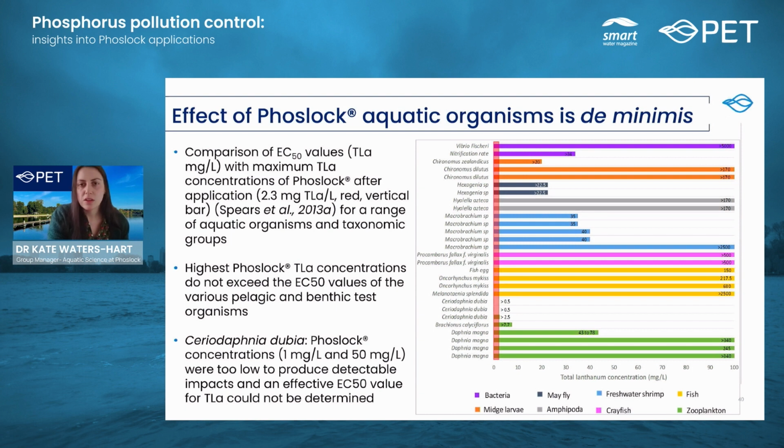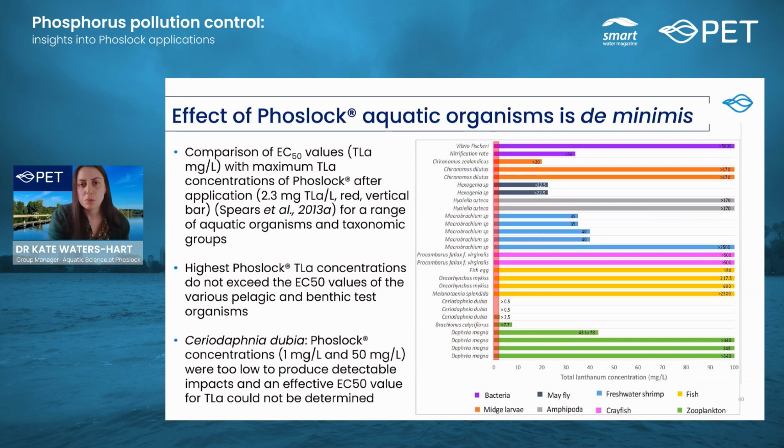So on the right-hand side of that plot, you'll see the endpoints that are reported as total lanthanum concentrations. And the red vertical line near the 0 on the x-axis shows where the maximum concentration of Phoslock in terms of total lanthanum has been applied to fresh waters.